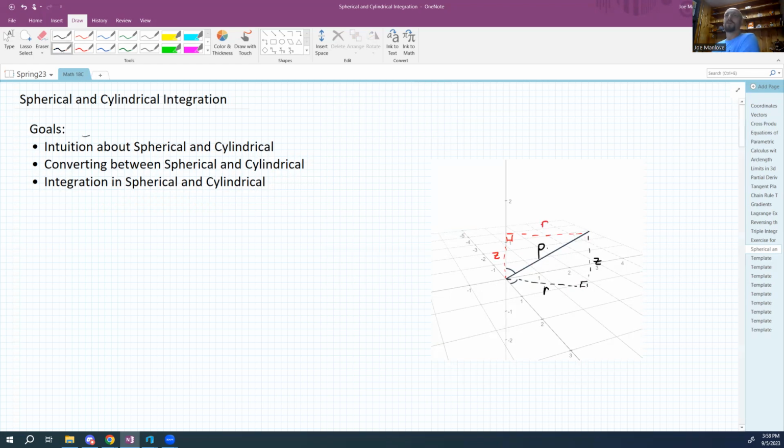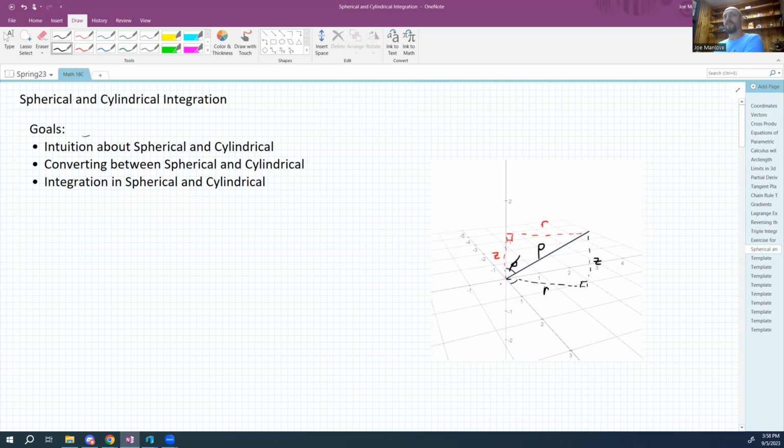And so I'm going to write down a conversion factor. There's a couple of things I could figure out from this. I could figure out the not very useful Pythagorean theorem one, right? Which is that rho squared is r squared plus z squared. That one doesn't turn out to be super useful. Not that it's not true, just not super useful. The one that is really useful for me is to notice that this r is on the opposite side of this little triangle from the angle, right?